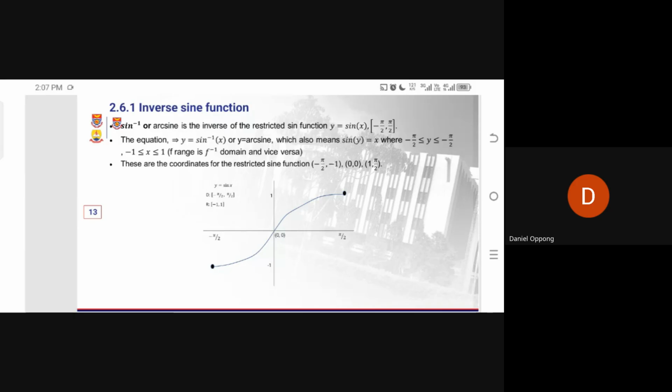Remember that it is bounded, between pi/2 and -pi/2, with values 1 and -1. Because it is bounded, when you draw a horizontal line, it cuts only one point on the graph, and this is a one-to-one function. Are we clear?